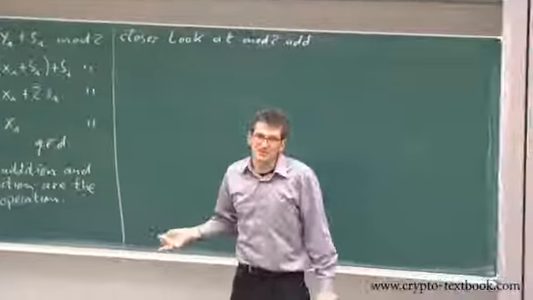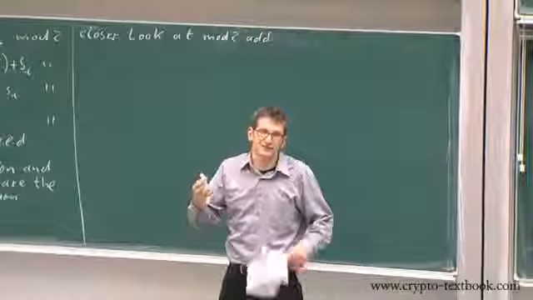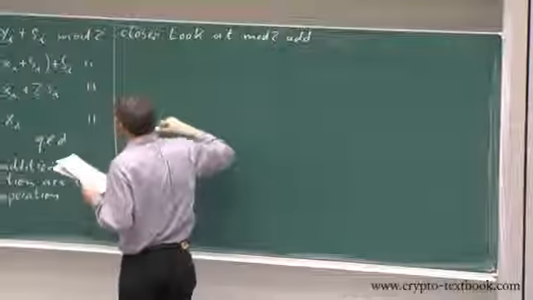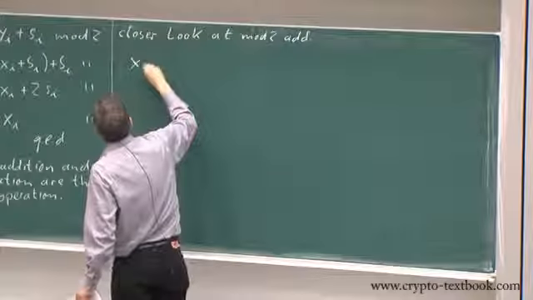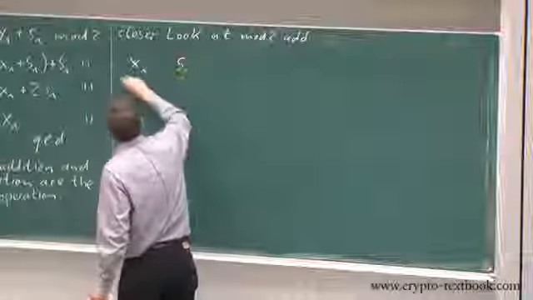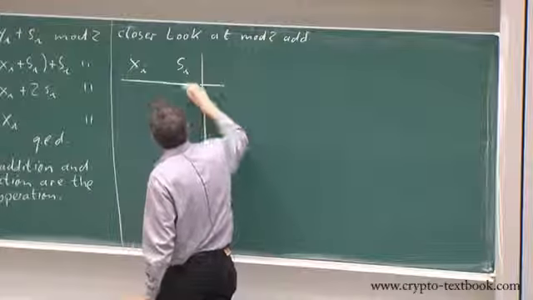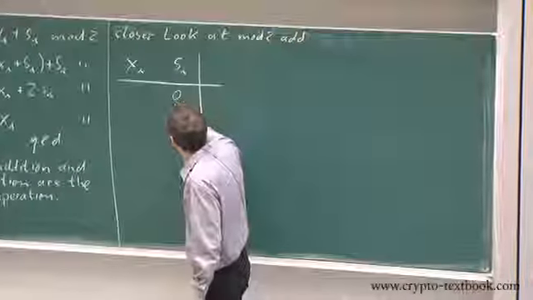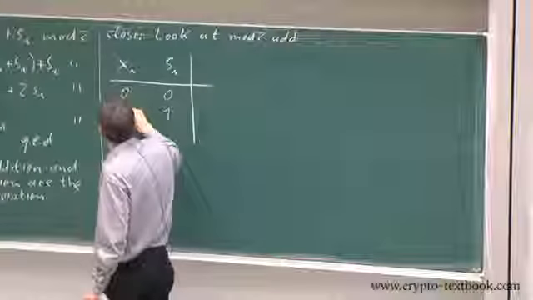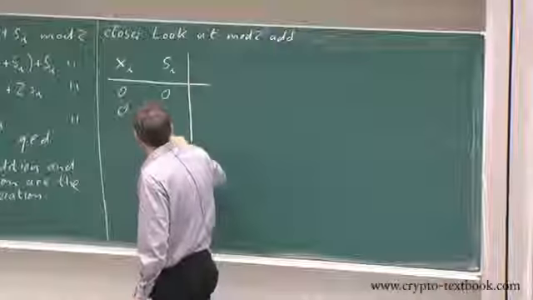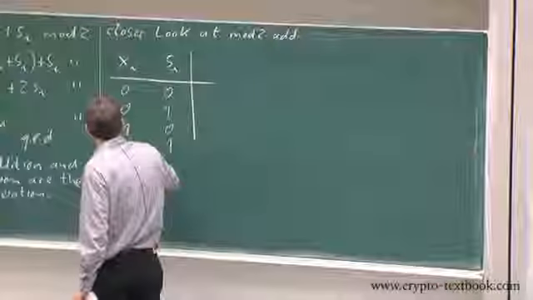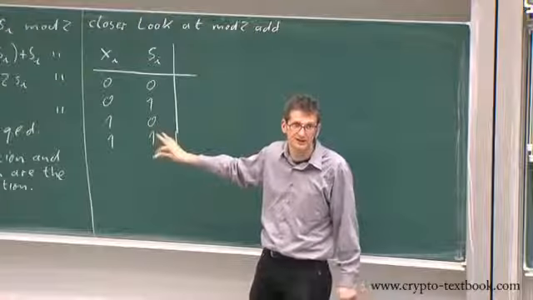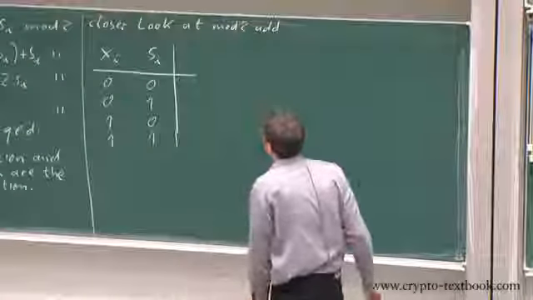So we do modulo 2 addition. There aren't that many possible values for x and for s, and we simply want to tabulate all of them. So we take xi and si, which are bits, so we only get the values 0 and 1. We've seen that; they're called truth tables. So we do a little truth table.